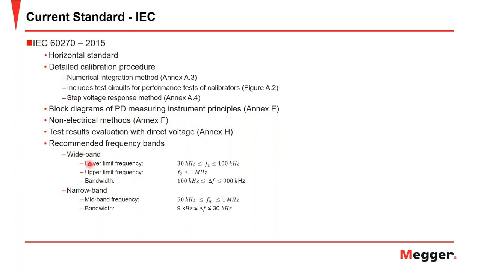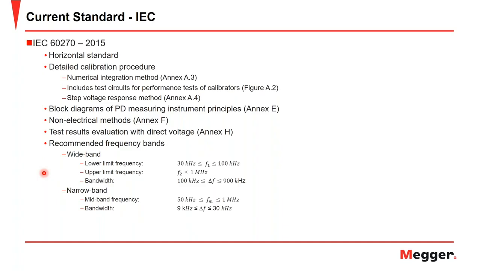The wideband has a lower frequency limit between 30 kilohertz and 100 kilohertz, while the upper frequency limit is less than or equal to 1 megahertz, with a total bandwidth between 100 kilohertz and 900 kilohertz. The narrowband frequency range has a midband frequency between 50 kilohertz and 1 megahertz, with a full bandwidth between 9 kilohertz and 30 kilohertz.